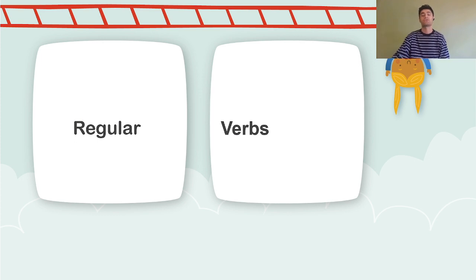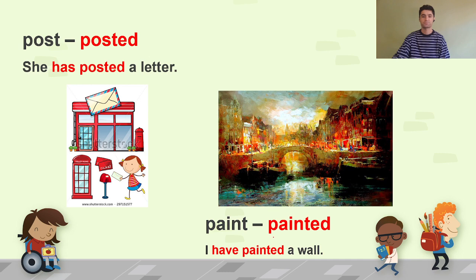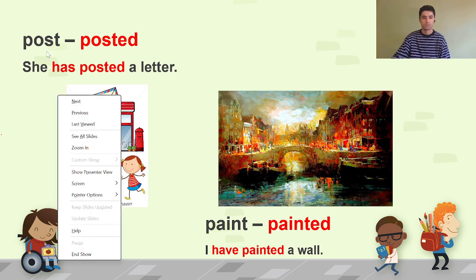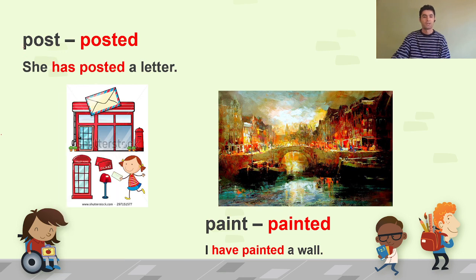And here I'm going to show you some more examples for regular verbs usage in present perfect tense. So these are the examples. So first, we have the verb post here, and post becomes posted in the present perfect because it's a regular verb, so we use ed at the end.